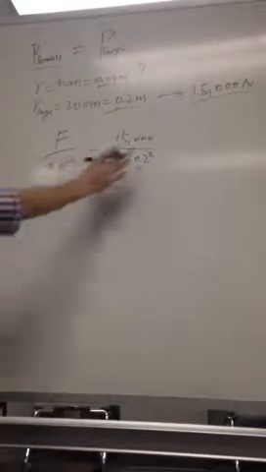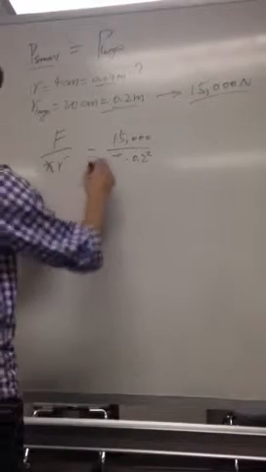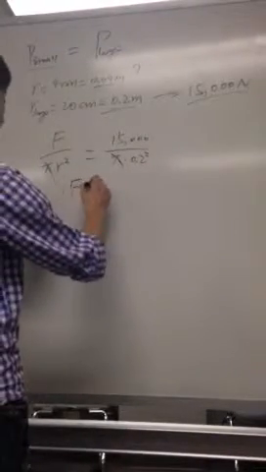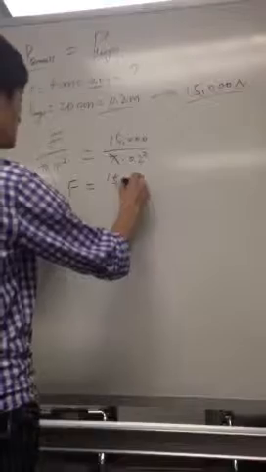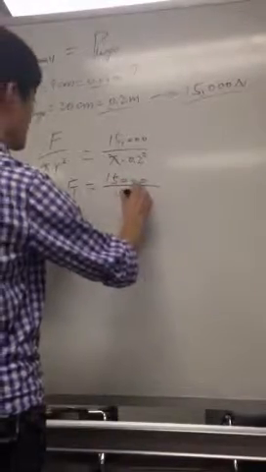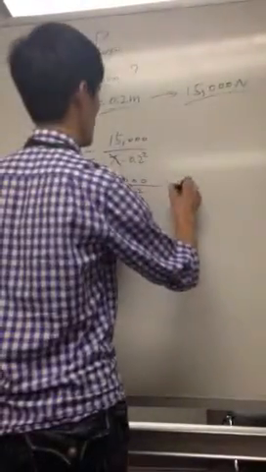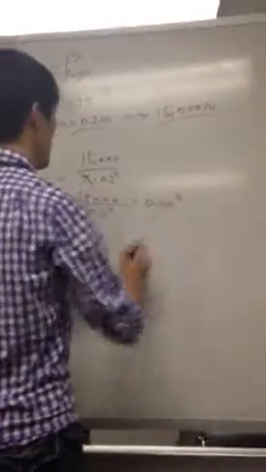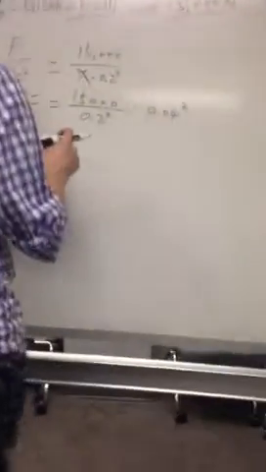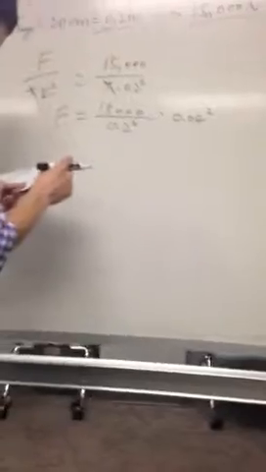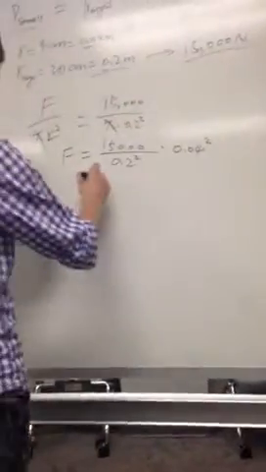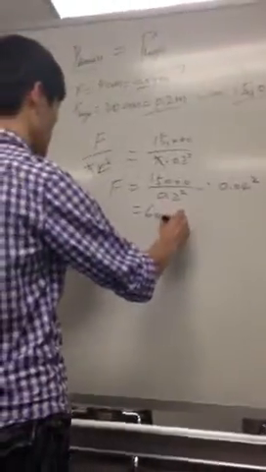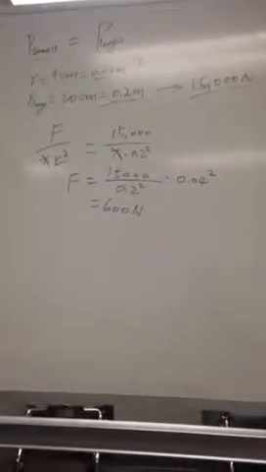Right? As the pressure is the same. And cancel pi. This r is this. And if you calculate, we can get 600 Newton. Okay, that's A.